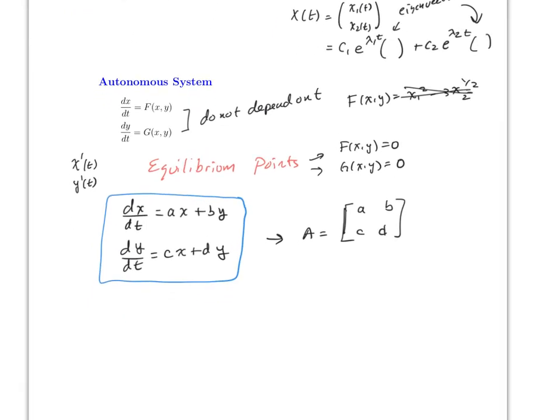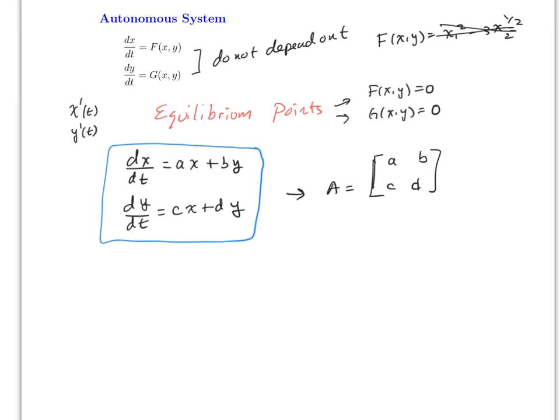Now the part that is new is going to be this. Notice that if you divide this equation over these ones, the dt will cancel, and you will have dy/dx, which is usually denoted by the rate of change. And on the other side, you will have cx plus dy divided by ax plus by.